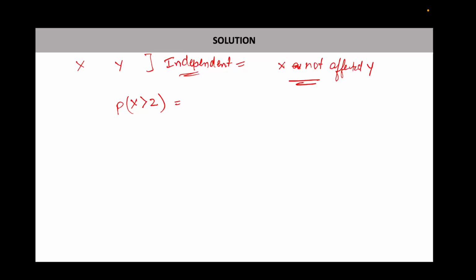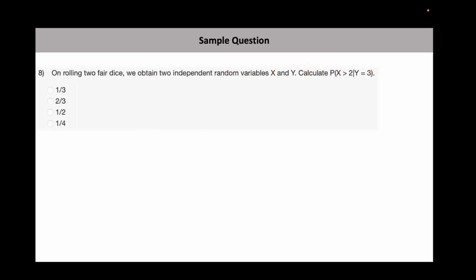When we say that x being greater than 2, that means x could be either 3 or 4 or 5 or 6. Okay, so now why till 6? Because we are talking about a fair dice. Dice will have six values. So in that case, your total number of possibilities is six here, right?